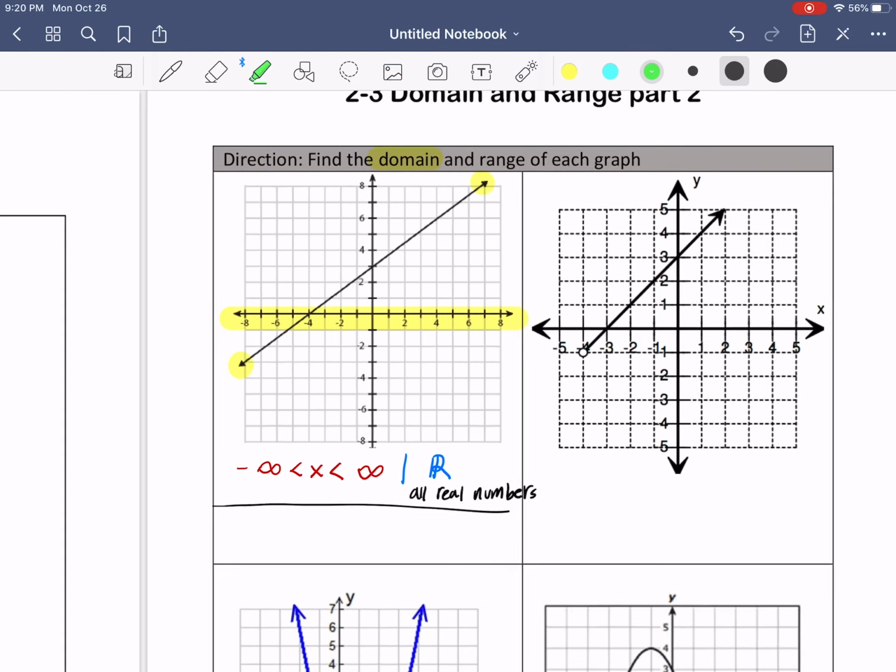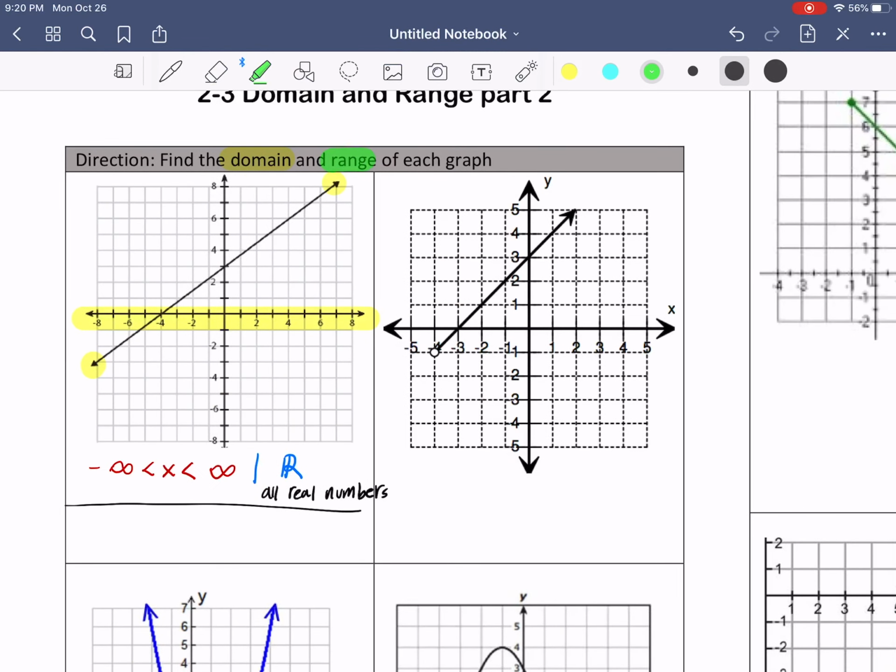Now let's try to find the range of the graph. Now, what is that gonna be? What's the lowest point of this one? Again, there's no lowest point because it keeps going down, right?